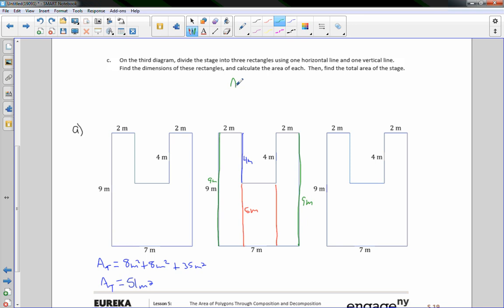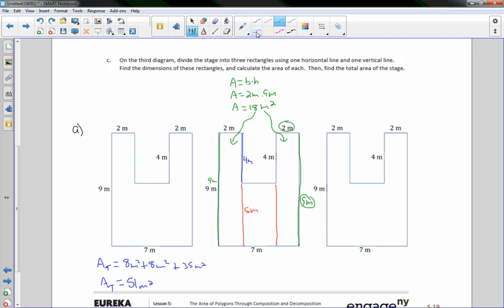So the area equals base times height. The area equals my base times my height. So the area of these long rectangles that are right here are 2 times 9 meters, or 18 meters squared. So that is the area of this and the area of that. So those are both 18 square meters.